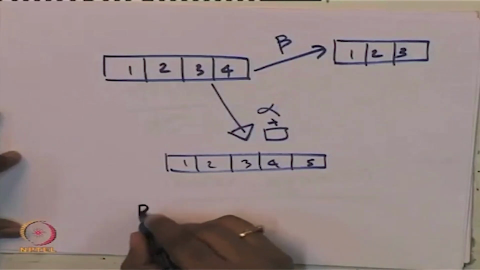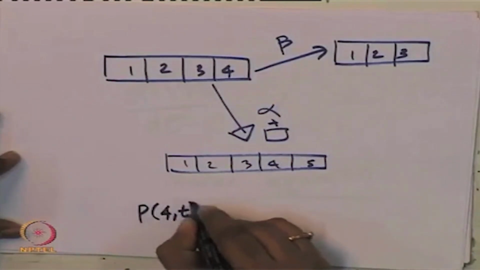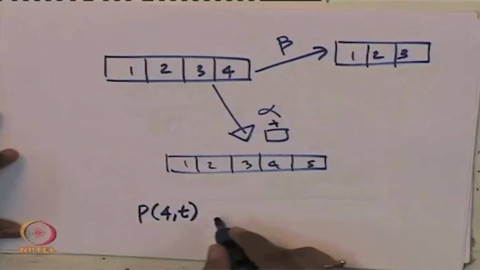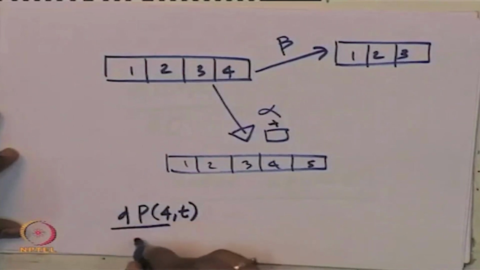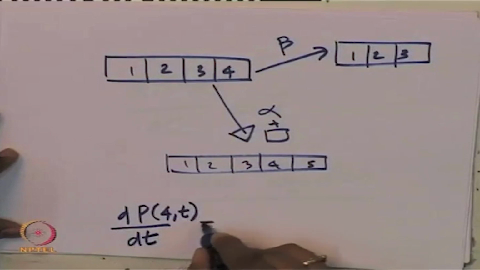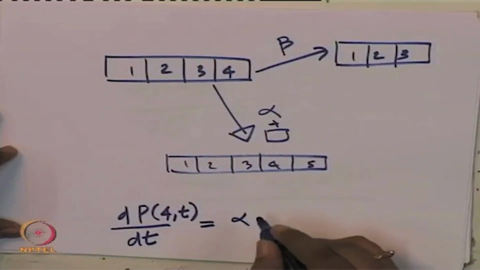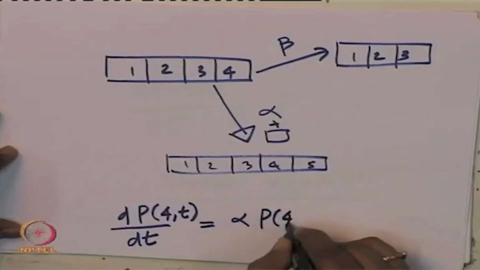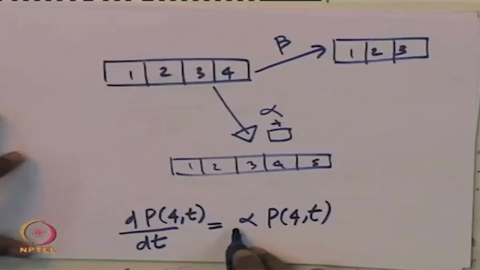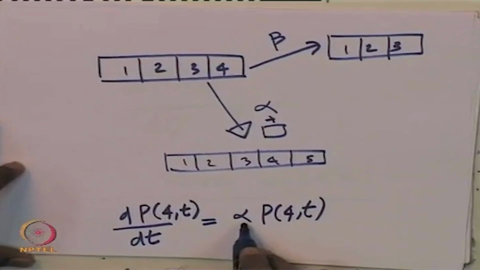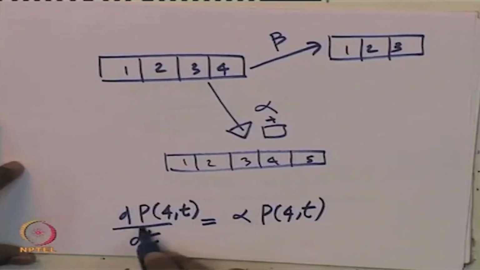So if you had 4 of them at a particular time t, this will change through alpha. By doing an alpha, this probability changes.